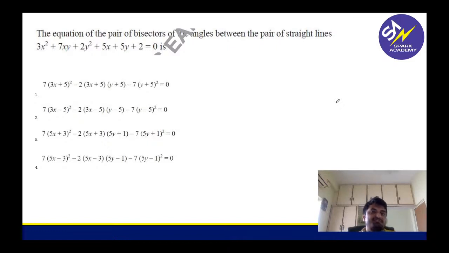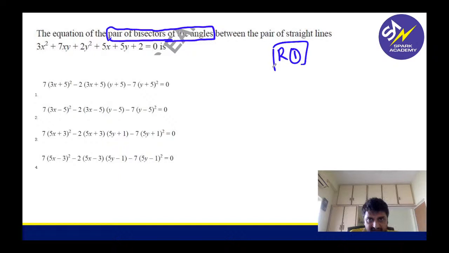Now tell me this, guys. When we discussed pair of straight lines in our classes, do you remember? I told you this is very important. Angular bisectors. I told you a formula for angular bisectors, if you remember, right? So this is round 1, if you know that.